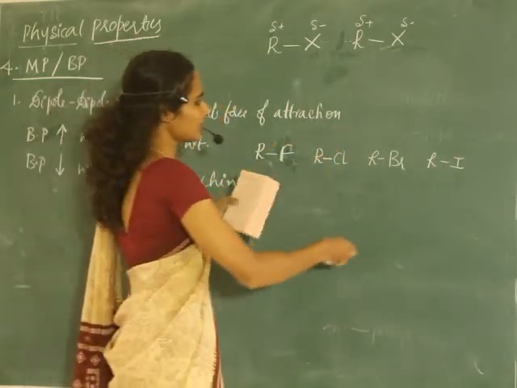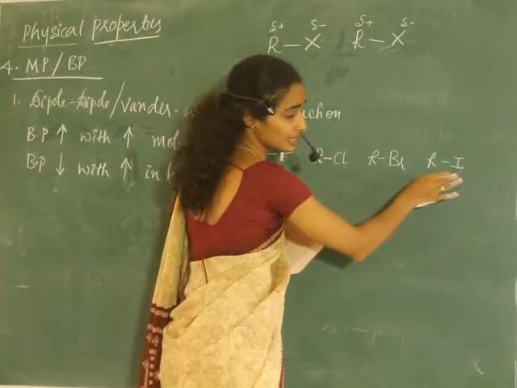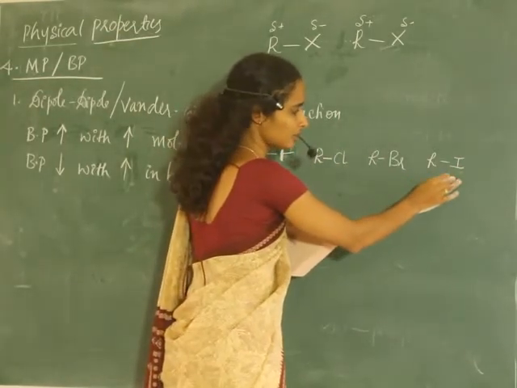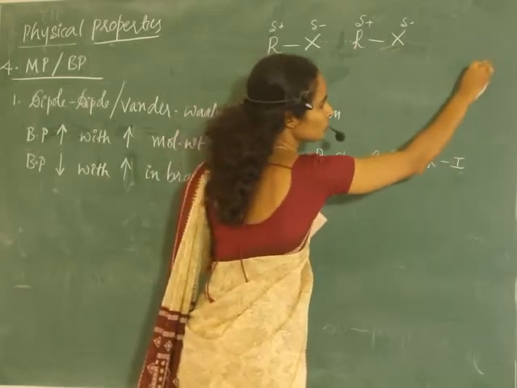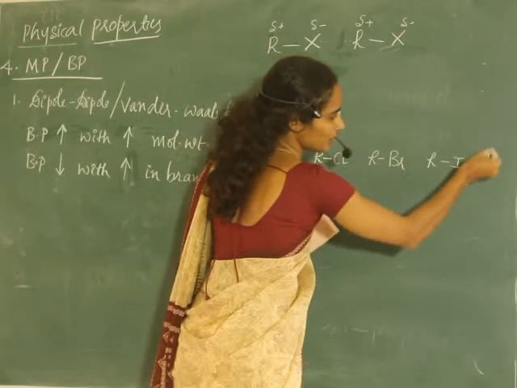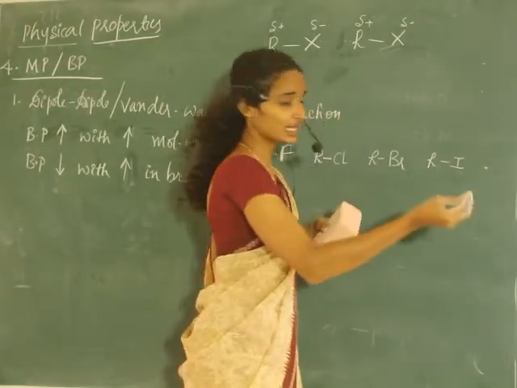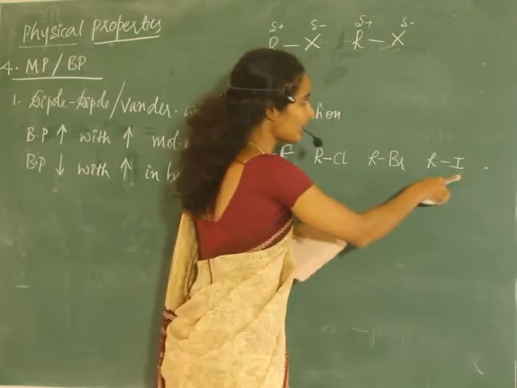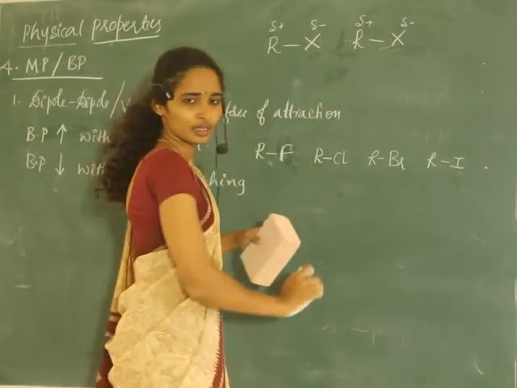Here in RI, the molecular weight of iodide is more, hence the number of electrons is also more. As we move down the group, fluorine, chlorine, bromine, iodine, the number of electrons will be more in iodine. Hence, there will be more interaction.